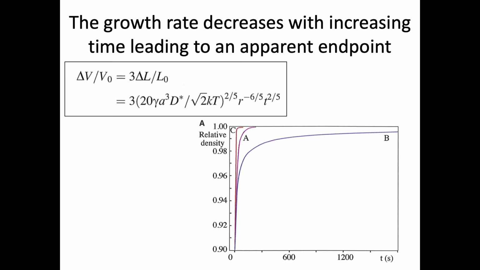It just becomes slower and slower, because essentially the particles become larger and larger. So it basically appears to slow down, but really it's just asymptotically decreasing in speed. So there appears to be an endpoint, although the grains can continue to grow. That's just a function of grain growth, and the fact that as they get larger, because of how we're looking at it in terms of volume, that will appear to decrease.